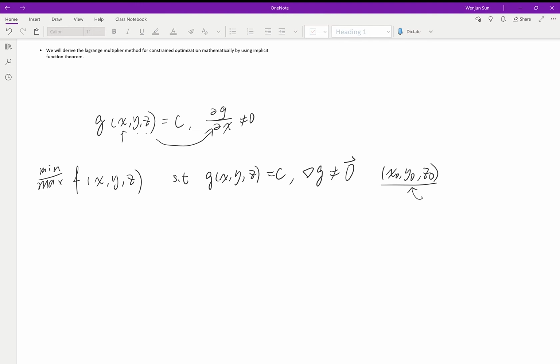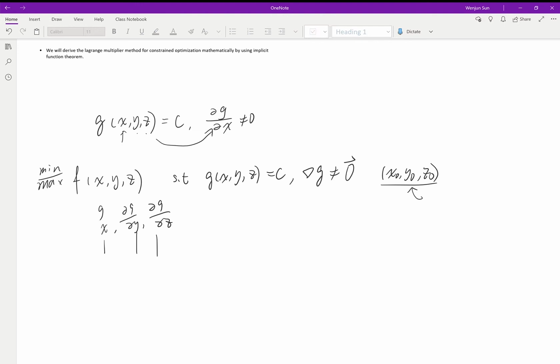So we know that if the gradient is not equal to the 0 vector, that means some component of it, either del g del x, del g del y, or del g del z, has to be non-zero, right? If all of them are 0, then the whole vector is 0, and that's not our assumption.